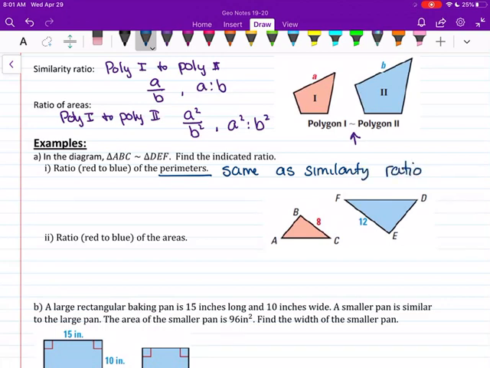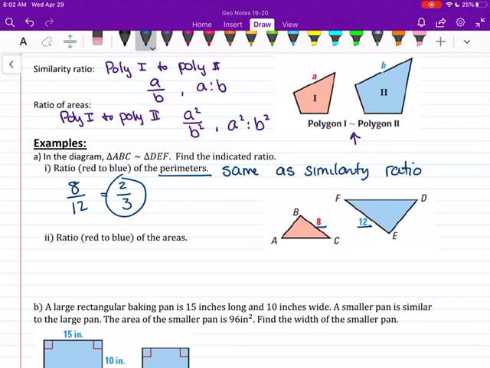So if I know that these are similar, and I know that corresponding sides are shown, I have 8 to 12, which reduces to 2 over 3. So my answer here is 2/3 for my ratio of perimeters.